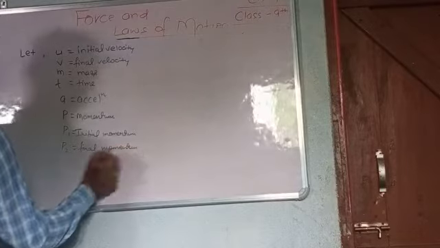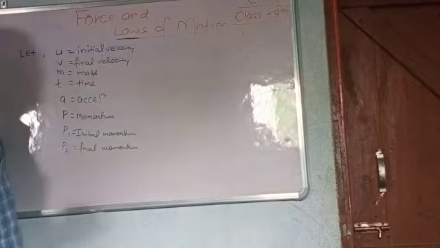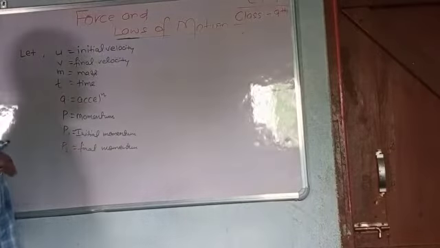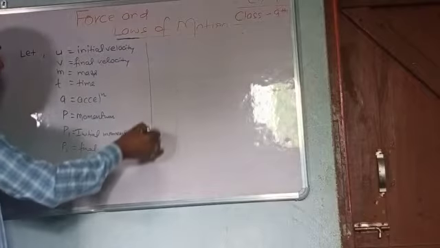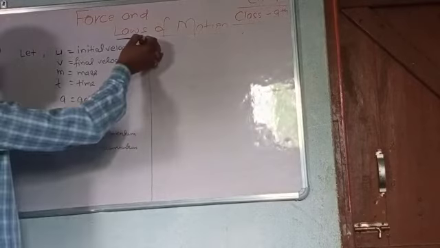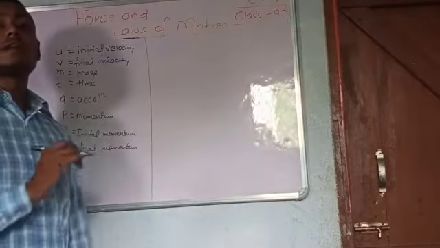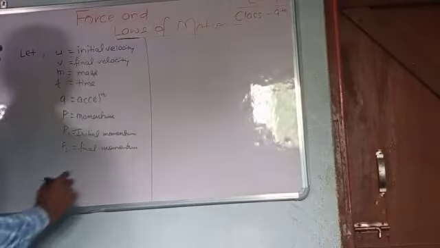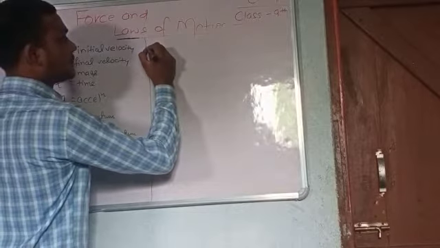Okay, so now according to the law, the rate of change of momentum is directly proportional to the applied unbalanced force. So first of all we have to find the change in momentum.